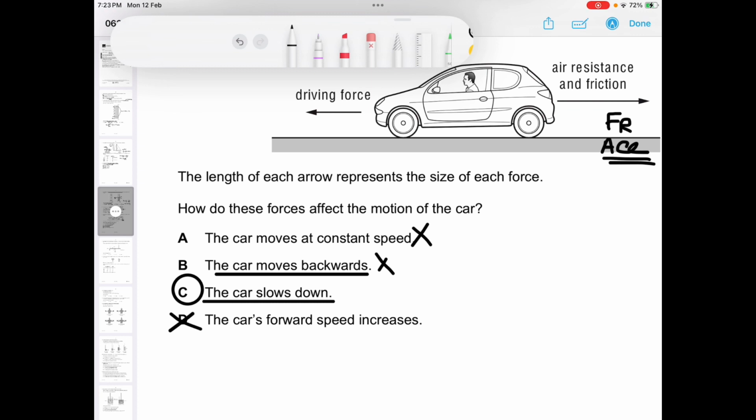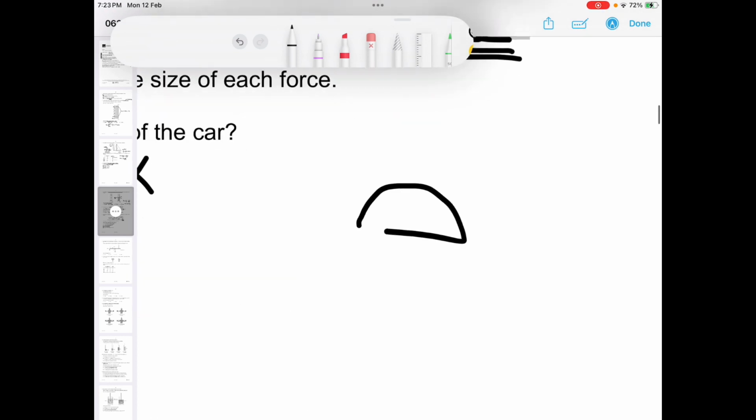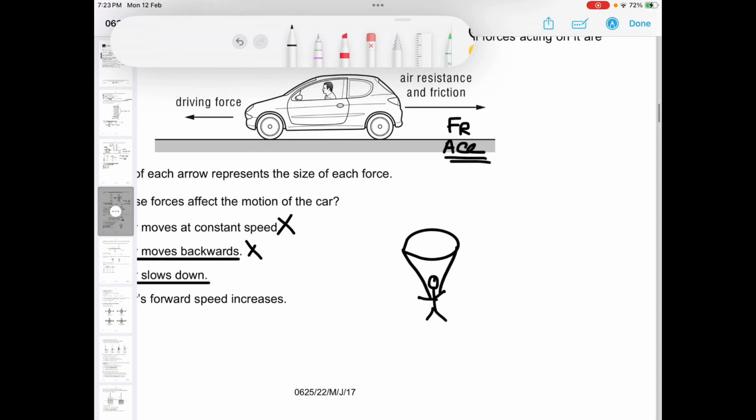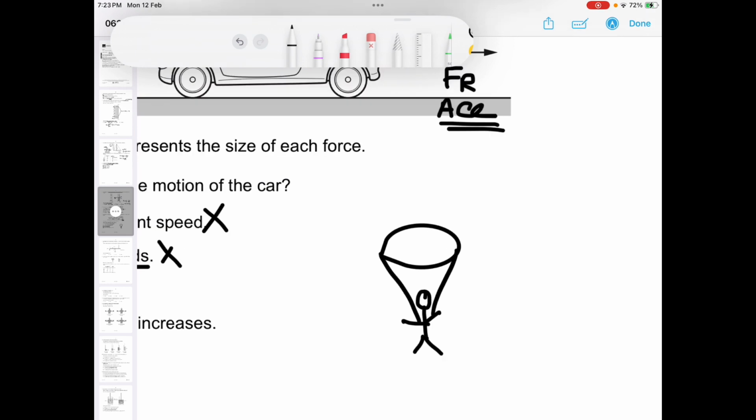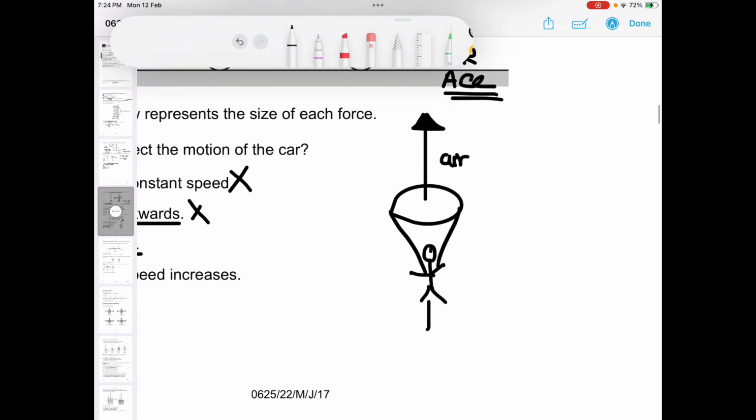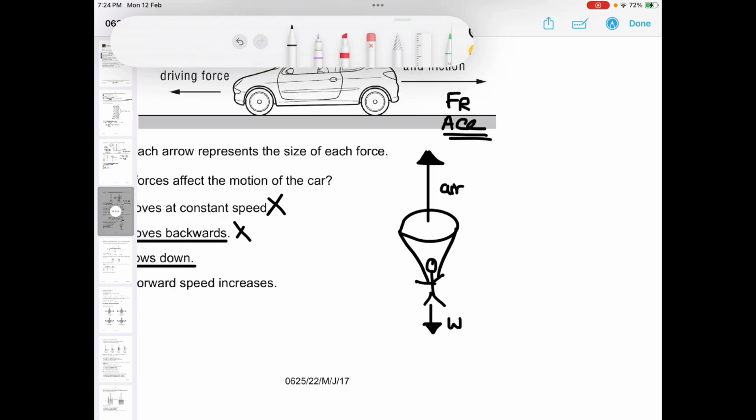And I can give you a slight example to help you understand this. So remember our skydiver. Okay, he opened his parachute now. So the resultant force is now upwards. This is the air resistance. This is his weight.